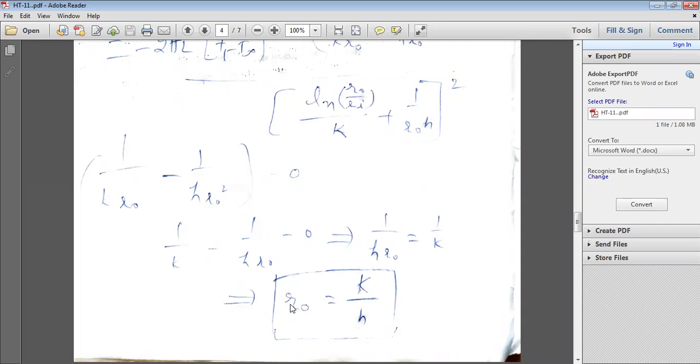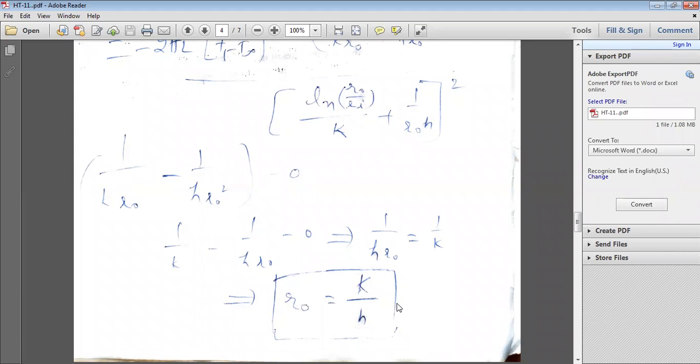The condition for a cylindrical system, for a cylinder or any pipe, is Ro equals k by h, where Ro is the outer radius, k is the thermal conductivity of the insulating material, and h is the outside environment convective heat transfer coefficient. All of you have to remember this one. You have to solve some problems on this. Critical thickness of insulation, outer radius Ro is equal to k by h.